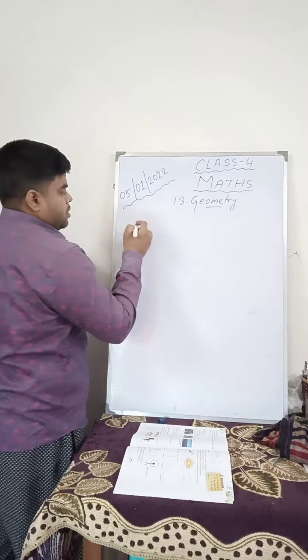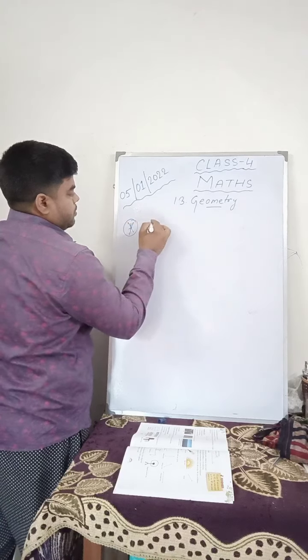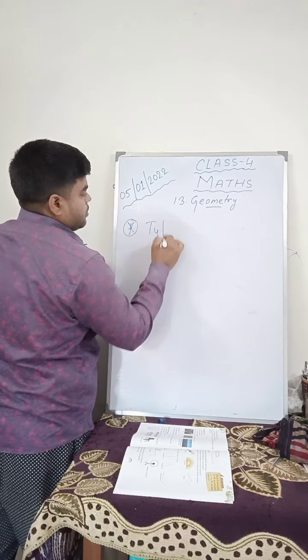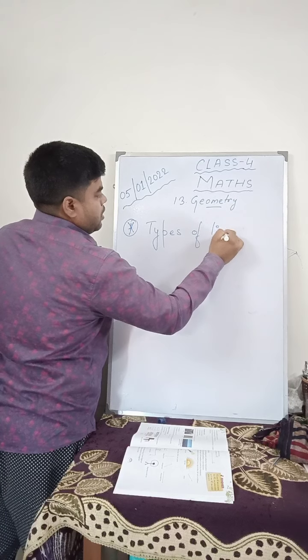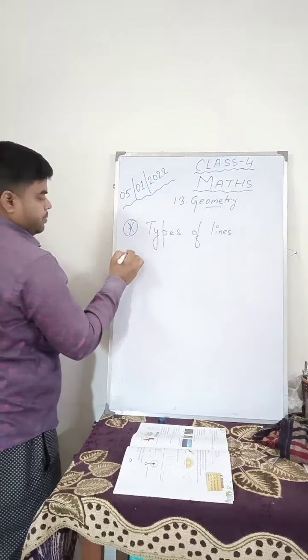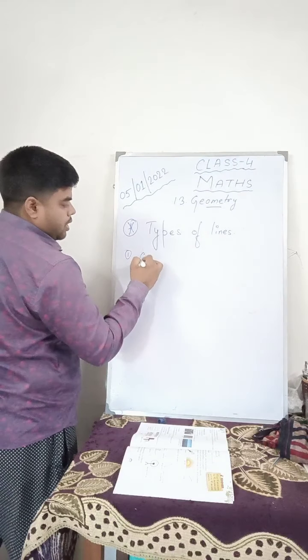Now, types of lines. Number one is curved line.